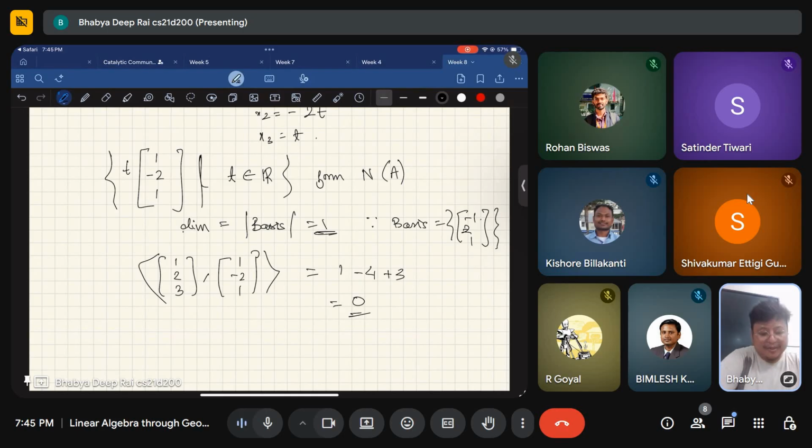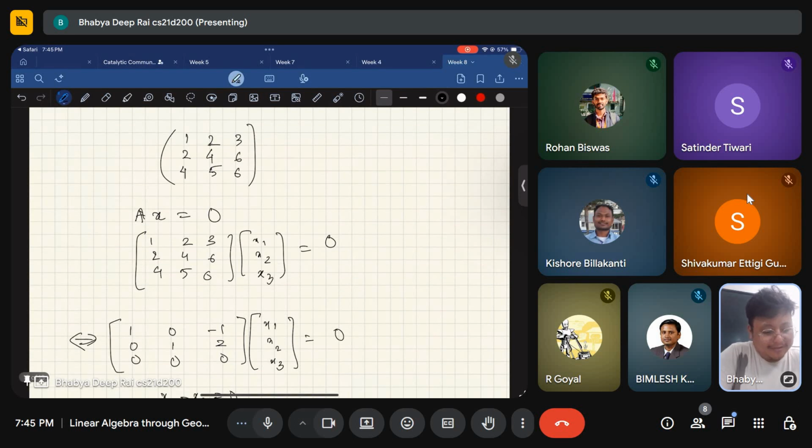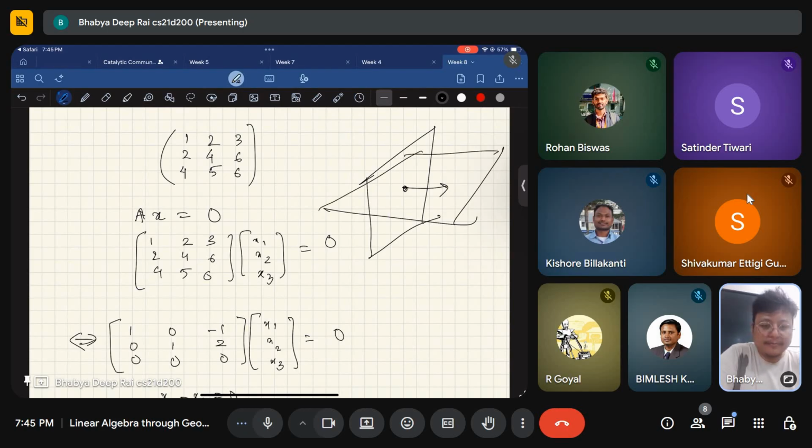So you can also think of the row space to be a plane, and the normal to the plane is the null space. Well, the normal need not be a single vector, remember that. It could be another plane if you are talking about higher dimensions.